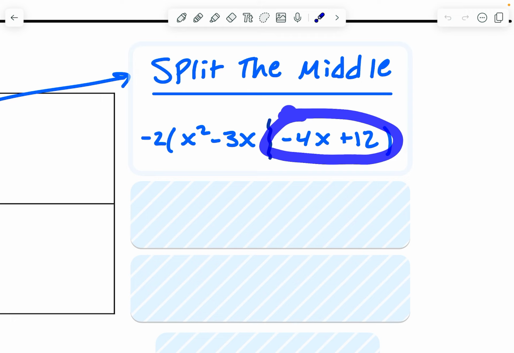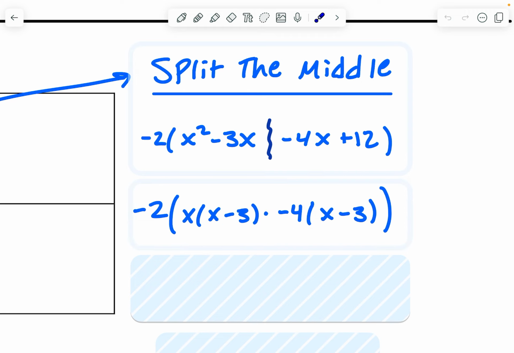Remember, this starts with a negative number. I'm going to want to take that negative out. X squared minus 3x, I factor x. I'm left with x minus 3. Now on the other side, that should match when I factor a negative 4, and I'm left with x minus 3.